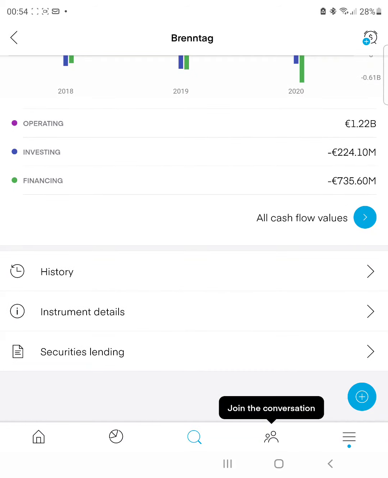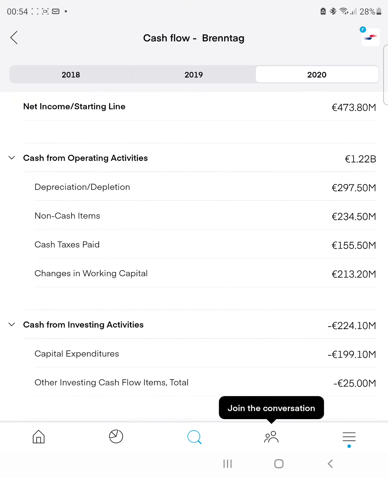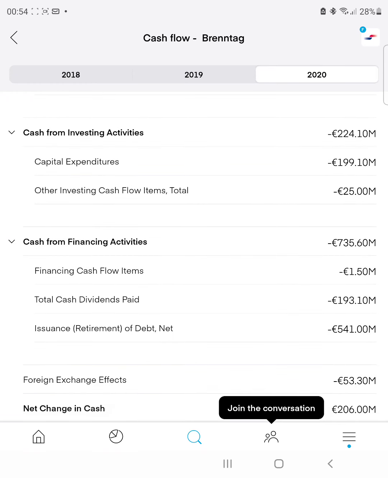Let's look at the cash flow statement, which is the final statement we look at. The bottom line of the cash flow statement suggests 206 million euros have been added to the company in value at the end of the 2020 financial year. 126 million euros in 2019, and in 2018, negative 124.